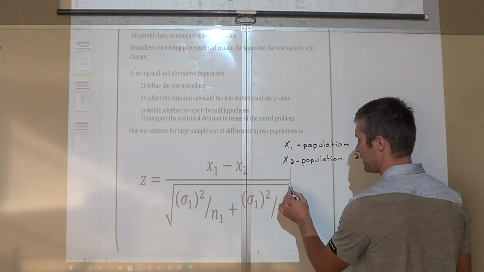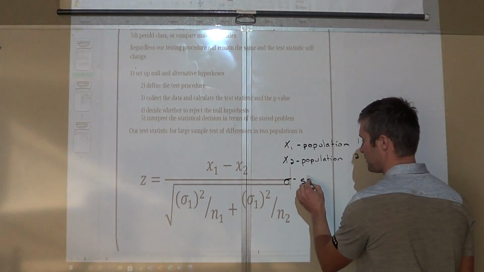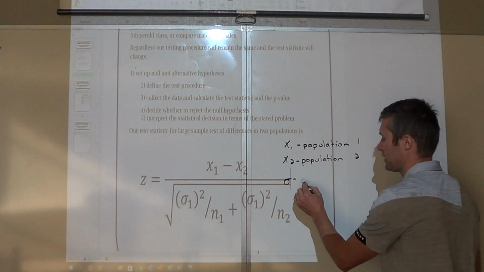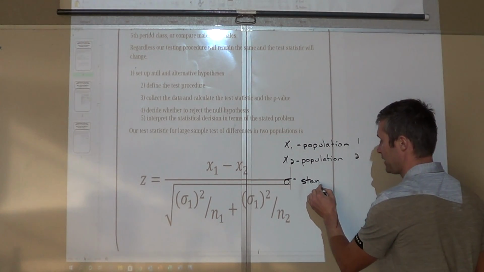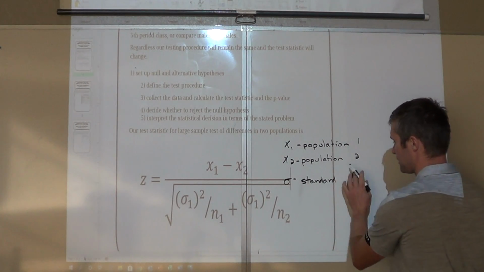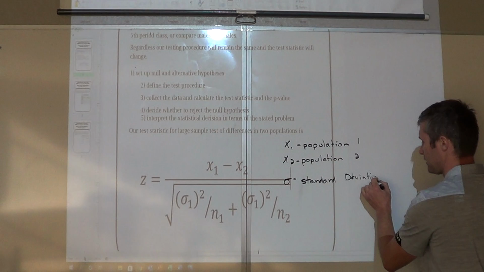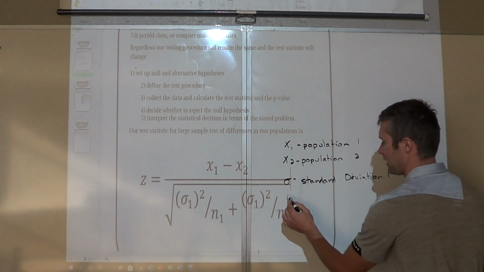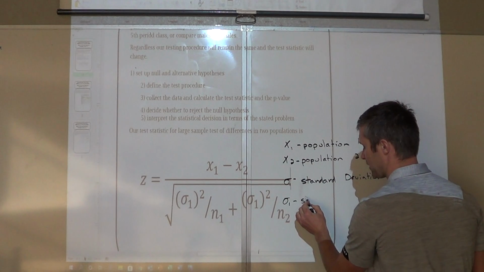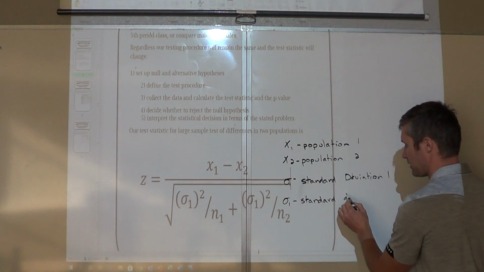Then we come down here, we're talking about standard deviation. So this would be the standard deviation of population 1, and this would be the standard deviation of population 2.